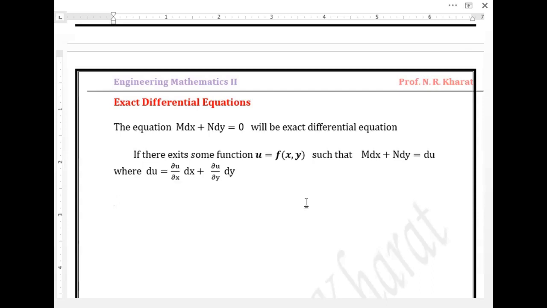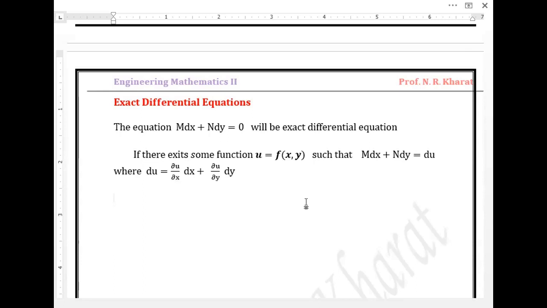When we differentiate this u with respect to x and y, that is, finding the total derivative of the function u, we get du. When the differential equation M dx plus N dy is exactly equal to the derivative of u, then we say that the given differential equation is exact.